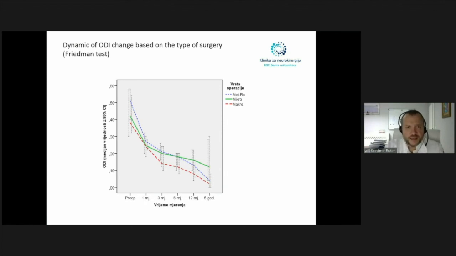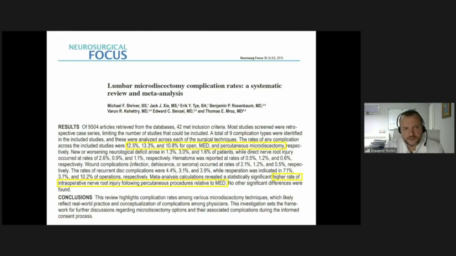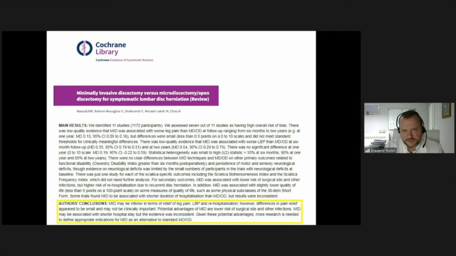And this can actually be compared with the literature, where results and the rates of any complications did not differ, but in minimal invasive discectomy, a higher rate of intraoperative nerve root injury following percutaneous procedures can be related to the minimal invasive discectomy. So given the potential advantages, the minimal invasive discectomy can achieve relief of leg pain and a lower rehospitalization rate.